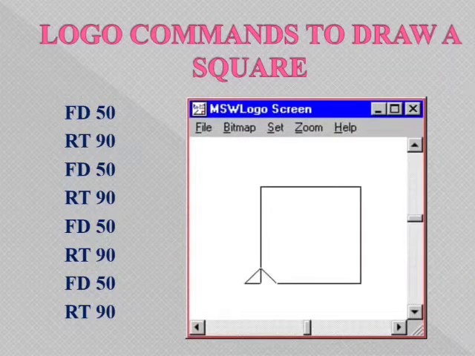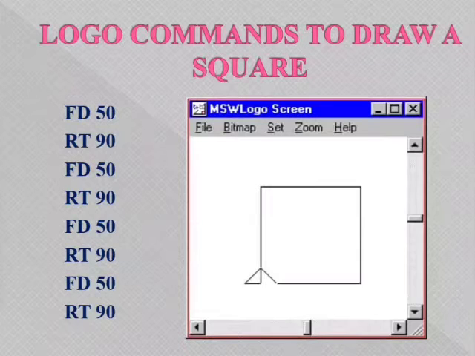FD 50, RT 90, FD 50, RT 90, FD 50, RT 90. Here we used FD 50 and RT 90 4 times because a square has 4 sides. Correct? After writing these 8 commands, हमारा एक स्क्वायर ड्रॉ होता है.